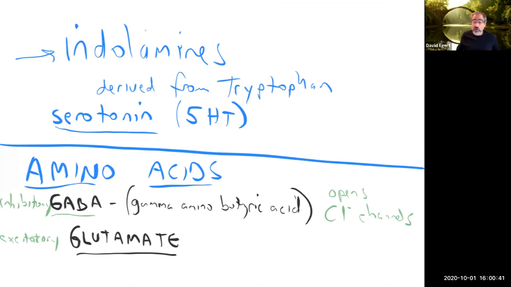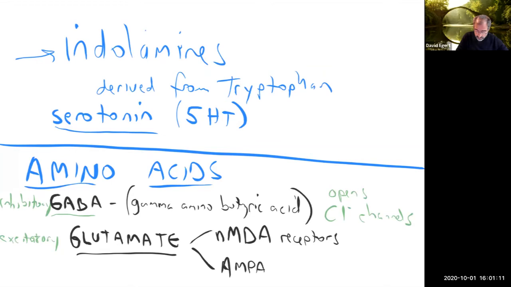It tends to open up cation channels that are going to make things more excitable. There are two main versions of glutamate channels that you should probably know because a lot of drugs target these. One of the main ones is NMDA receptors. The other one are AMPA receptors.